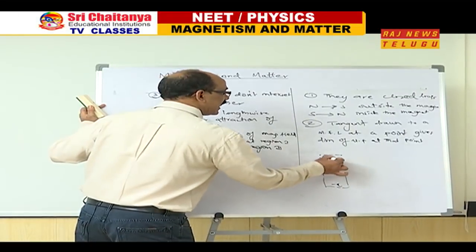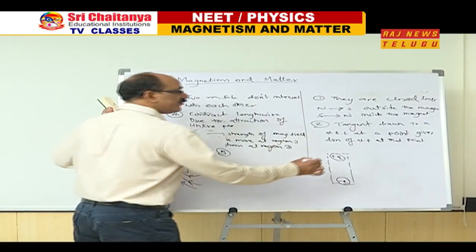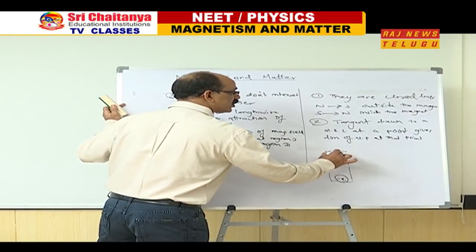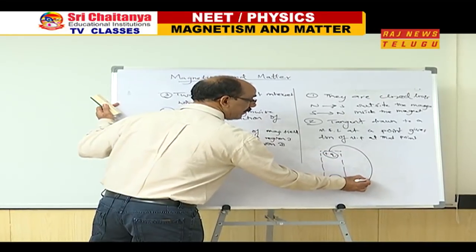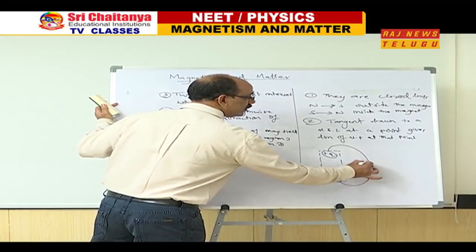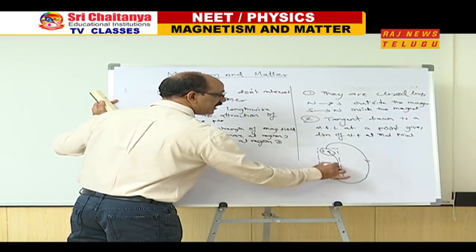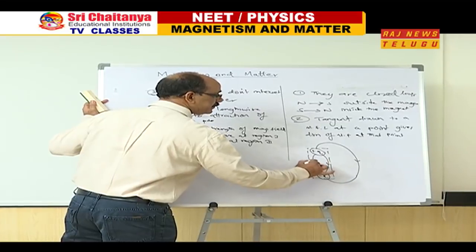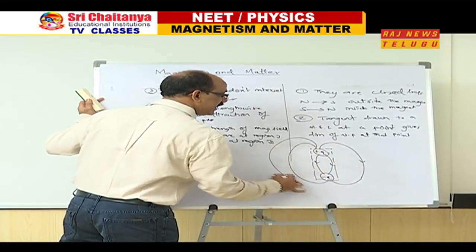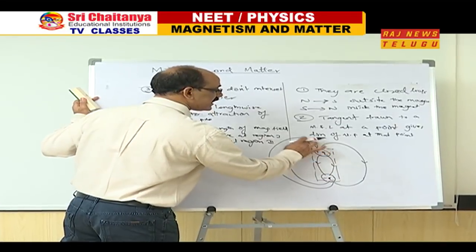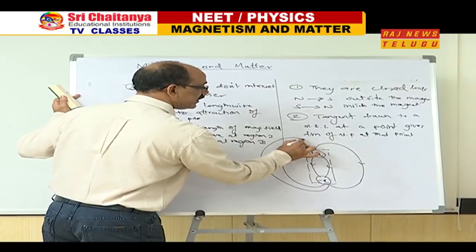Let us say it is this. The electric lines of force diverge from the positive charge and converge into the negative charge, so here they are like this. You do not see the electric line of force inside this charged body. They exist only outside it.